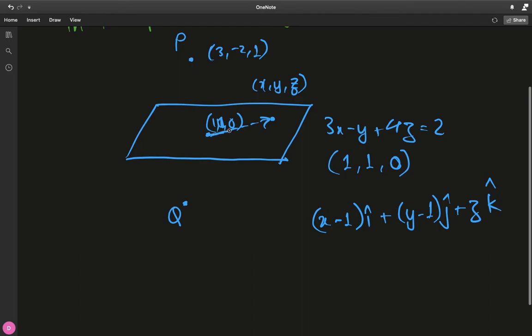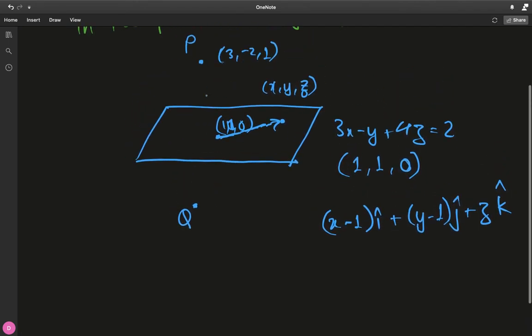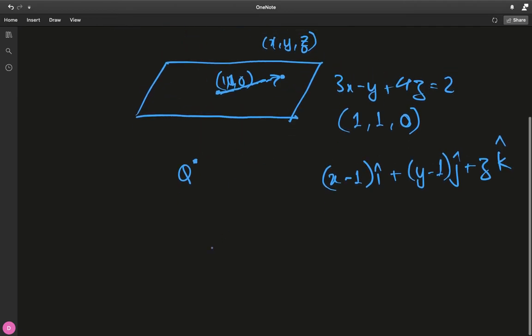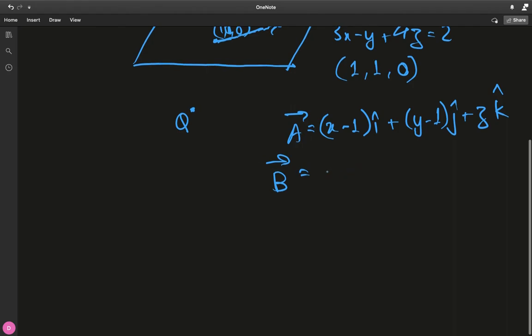That's this vector that's always going to lie on this plane because (x, y, z) is always going to be a point on the plane. So to actually determine the vector that's perpendicular to the plane, we need to let that perpendicular vector be x sub 1 i cap plus y sub 1 j cap plus z sub 1 k cap.